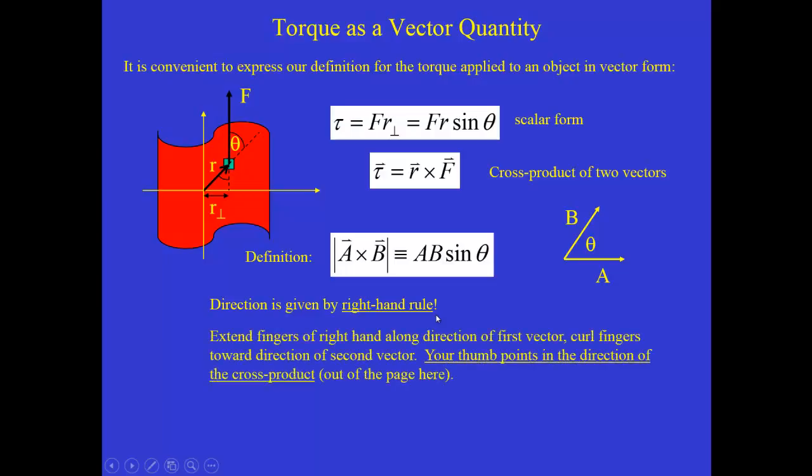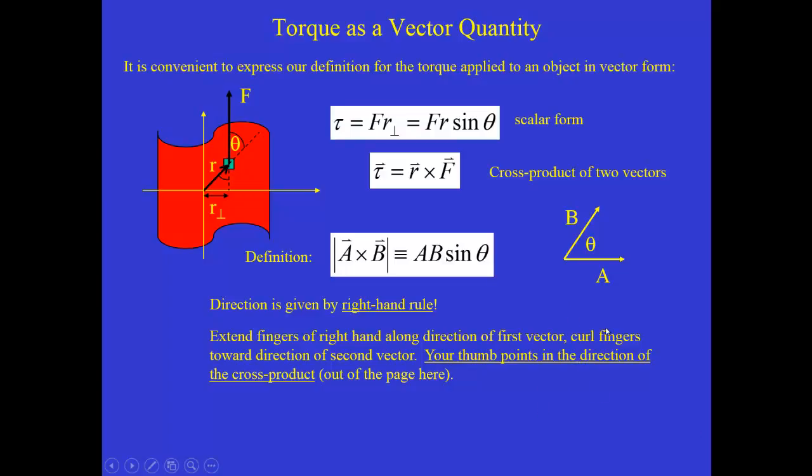We can talk about this more in class, but in doing so, we extend the fingers of the right hand along the direction of the first vector, in this case A, and then curl your fingers toward the second vector, in this case B. And if you do that with your right hand, you'll find that your thumb is pointing out of the screen or out of the board. And so your thumb is pointing in the direction of the cross product of the two vectors.